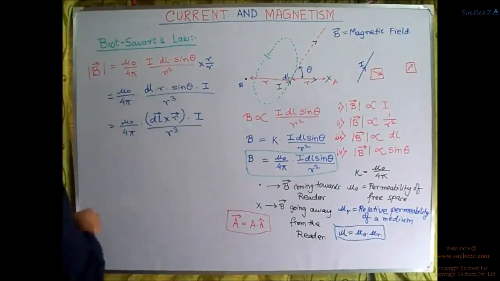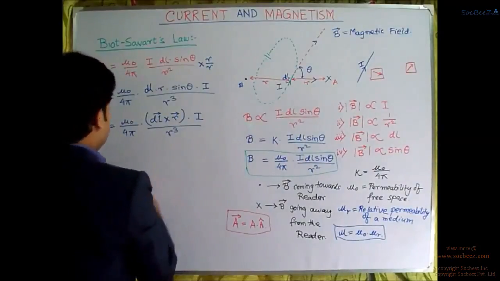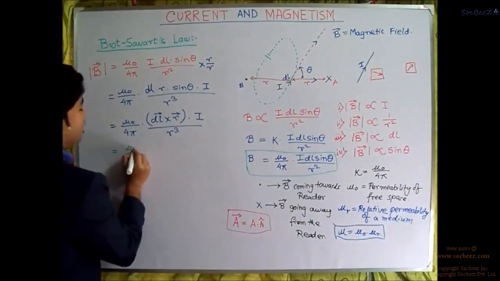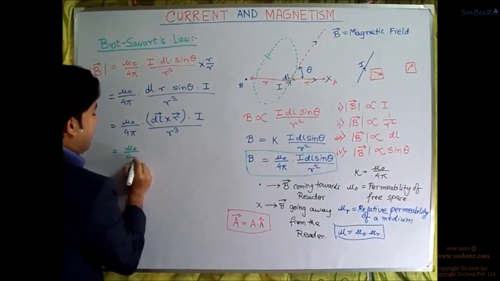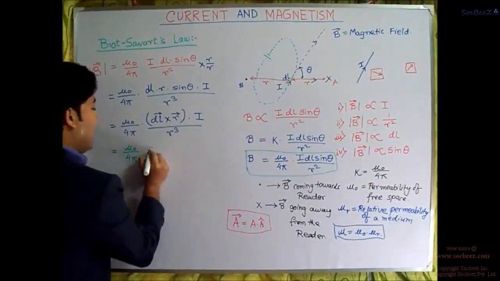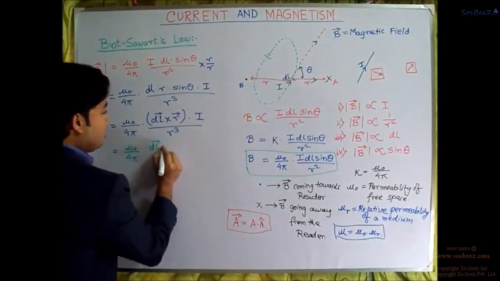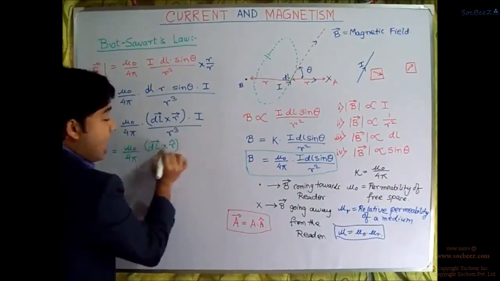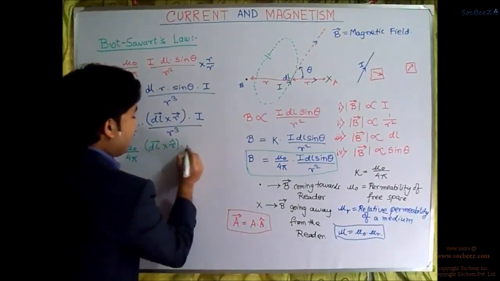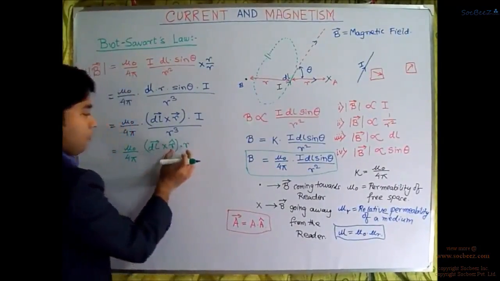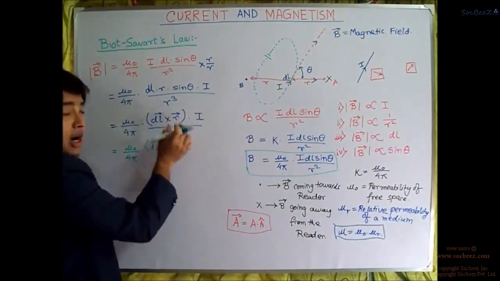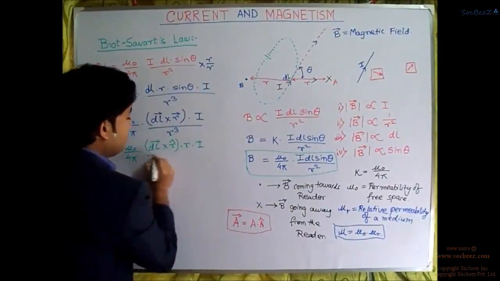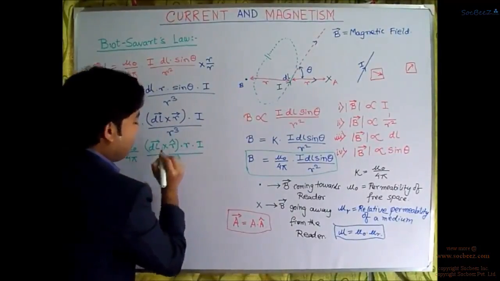So we can write it as mu naught divided by 4 pi multiplied by dl cross the unit vector of r multiplied by r, multiplied by I divided by r cube.